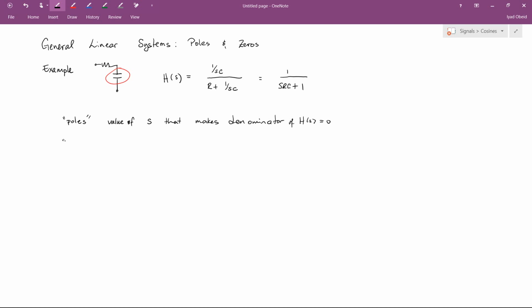And we're also going to talk about zeros, which is the same concept. It's any value of s that makes the numerator equal to 0.